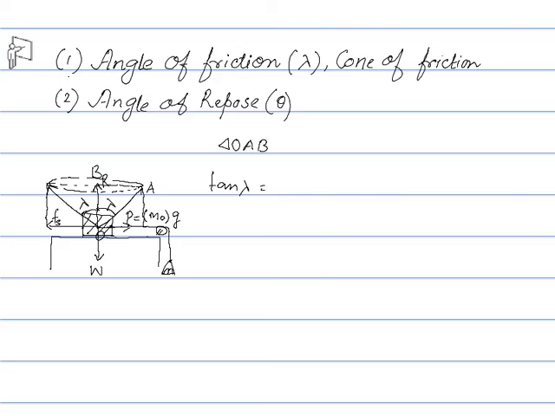Perpendicular is this P. So here also the perpendicular is this, the maximum value of static frictional force, Fs, by B, the normal reaction. So tan lambda, that is the angle of friction, can be defined as the ratio of Fs by the normal reaction.